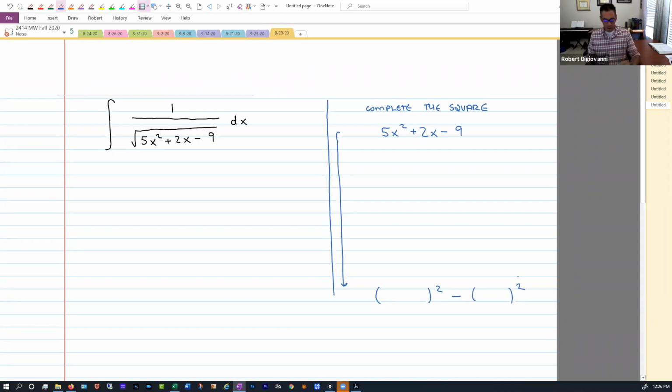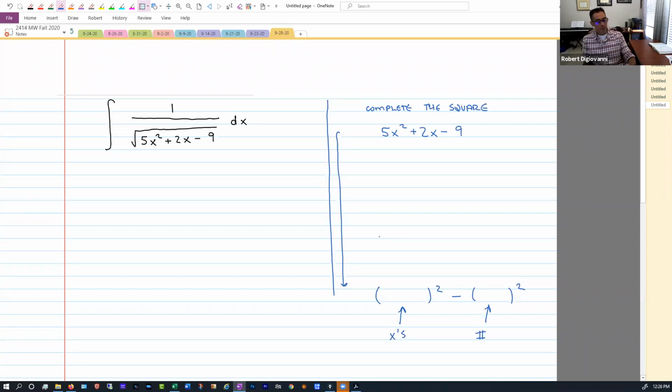This first thing is going to have some x's in it, and this second thing is going to be a number. That's what completing the square does. And what's good about that is that if we can get it to look like this, then it'll be like the form that we need to use the trig sub, because remember, all of that's under a square root. So we have to do that first.